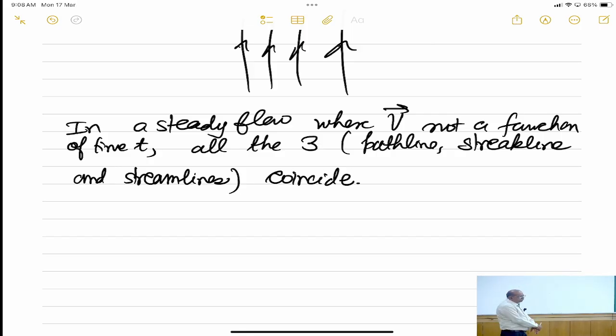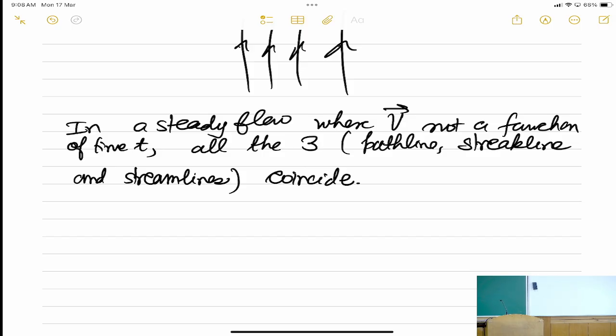And this is even for a general flow, not just a simple flow like what I've taken. Even if you try to conceptualize, if things are not a function of time, then path lines and streak lines and streamlines will coincide.